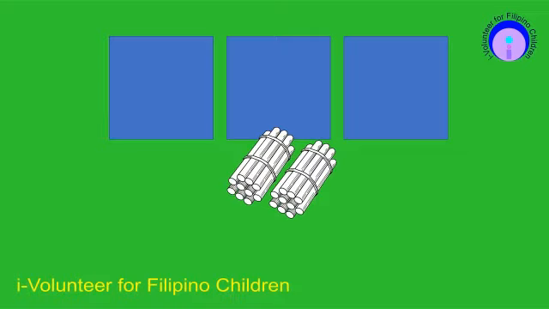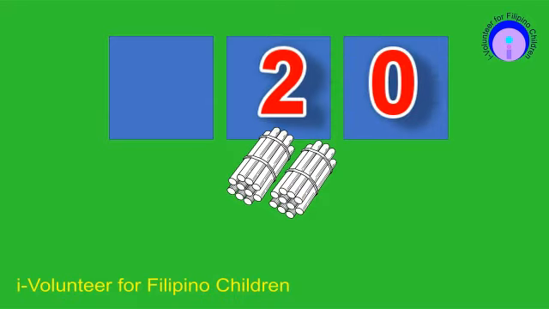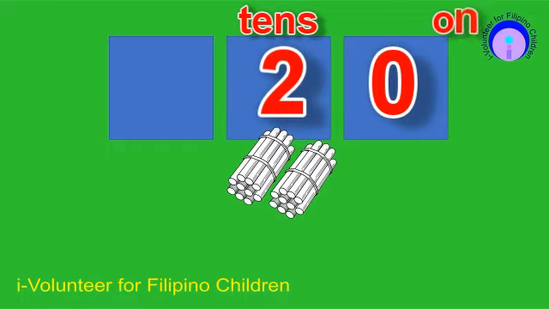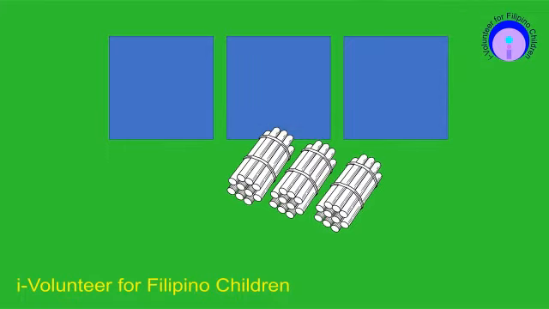How about this number of magic sticks? Digit 2 will be written on the tens place, while digit 0 will be written on the ones place. How do you write this 3 bundle of magic sticks?